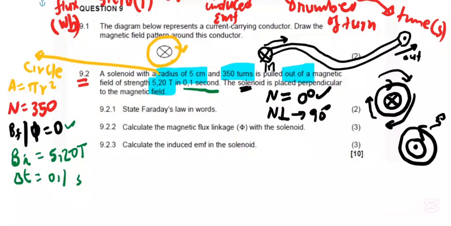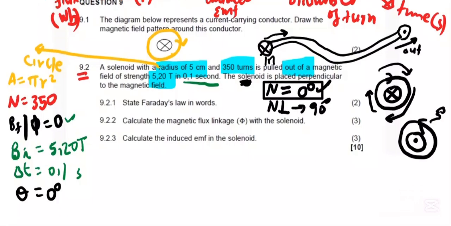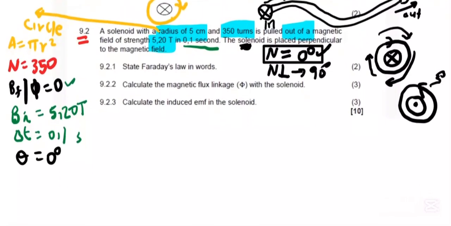When they say the solenoid is placed parallel, you must know that the normal is perpendicular, which means the angle is 90 degrees. So in this case, the normal is parallel to the magnetic field, which means our angle is 0 degrees. So we are done. Now let's answer the questions.